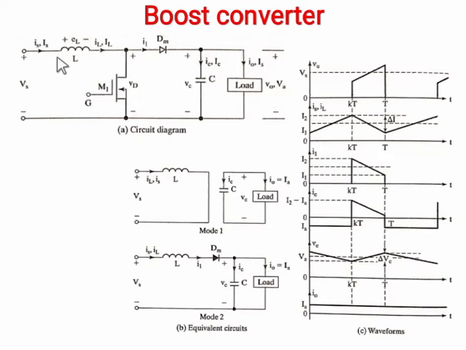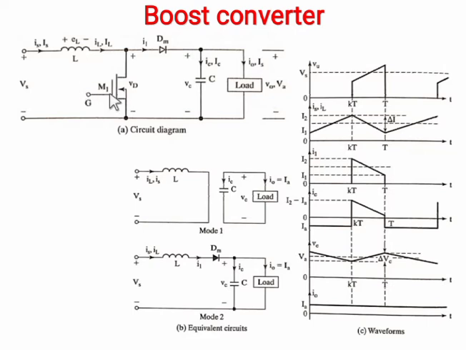Now the exact circuit of the boost converter. The boost converter using the power MOSFET is shown in the figure. Here switch S is selected as a MOSFET, which is indicated by M1. So whenever the gate signal is applied, the MOSFET turns on, and if we remove the gate signal and connect this gate to the source, or use a gate driver IC, we can turn off the MOSFET.